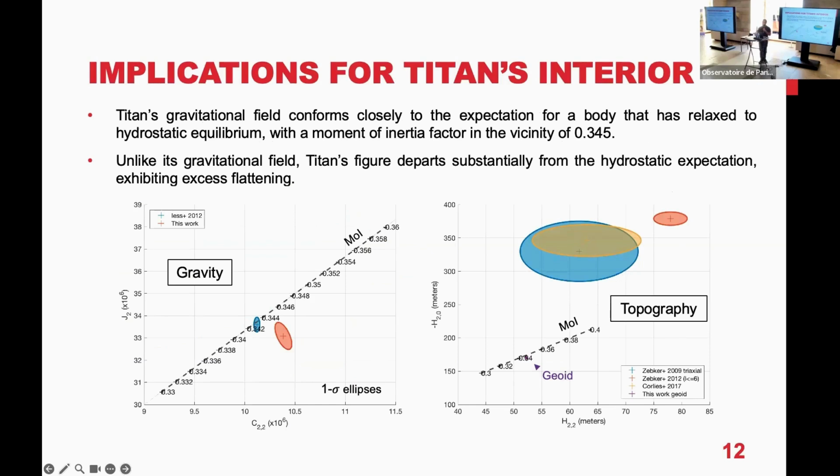Whereas we know that Titan's topography instead departs substantially from the hydrostatic expectation, with the geoid, which is the small purple ellipse on the right, being very far from the topography.